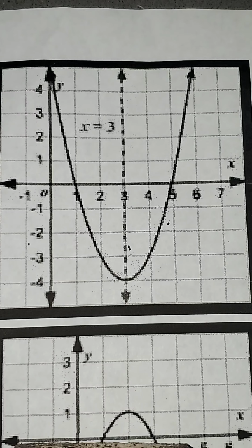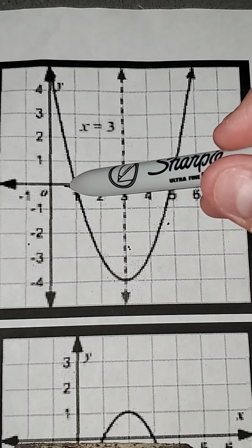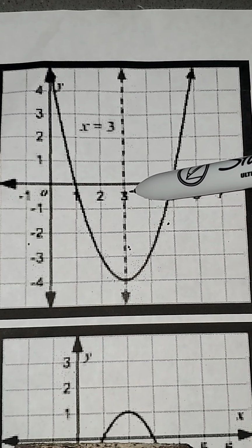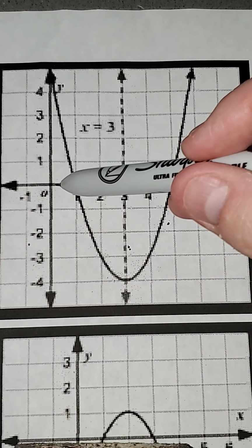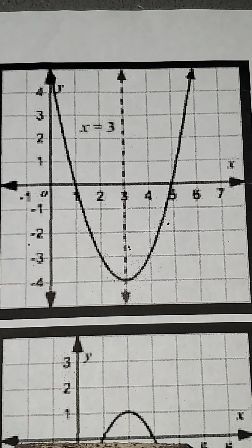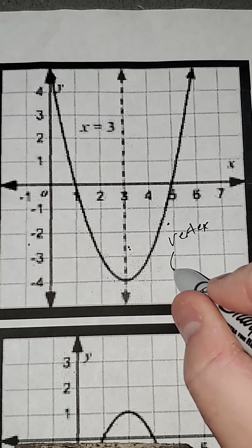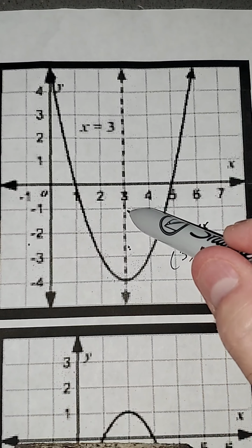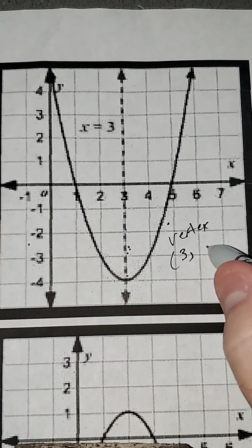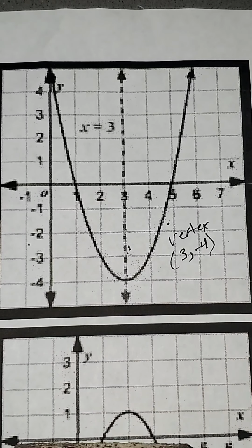The first thing we're going to look for is what is the vertex of this. And you've got to remember, you count x's first, and then you do y's. So we are at 3. So our vertex is at positive 3, negative 4.